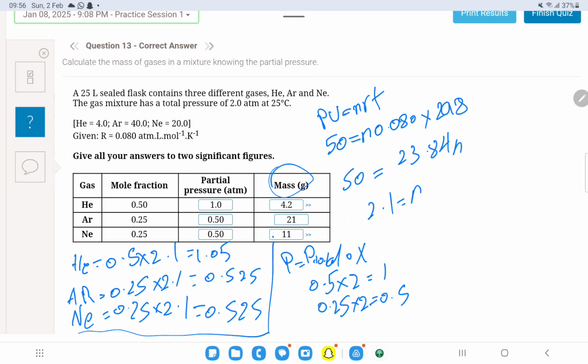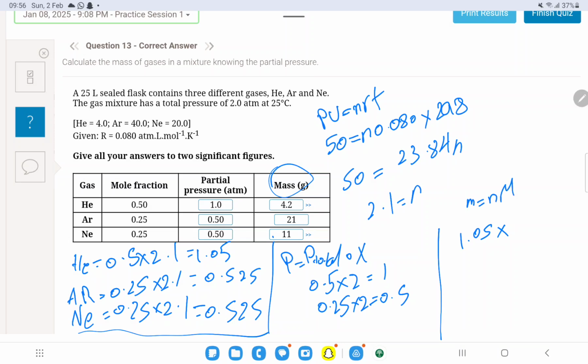Now for the mass, they're all gases, and all of them are noble gases, so they're monoatomic. So you get the moles, 1.05, times mass equals nm.